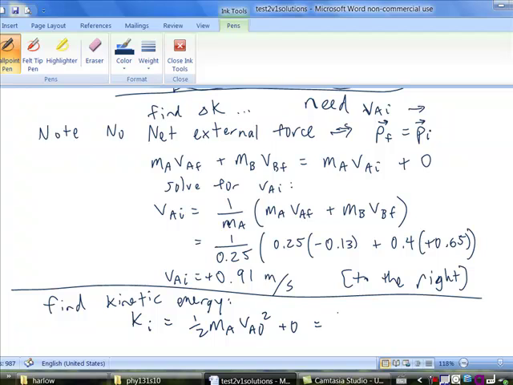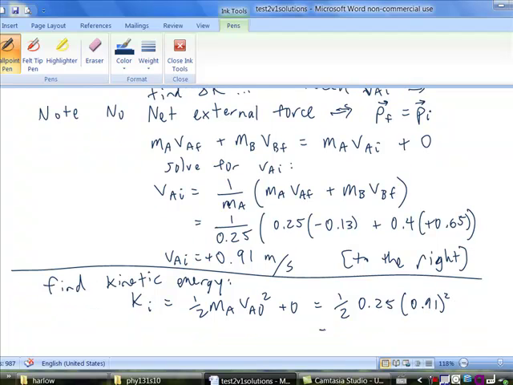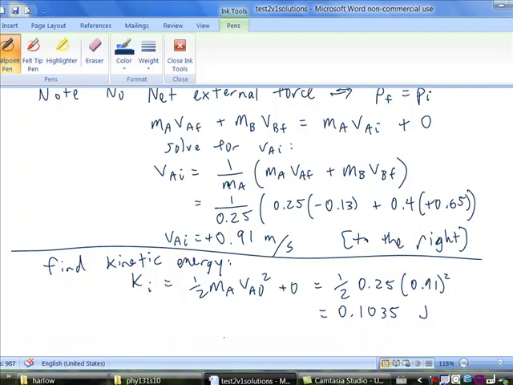So this just equals, let's figure it out numerically again so we can compare, 0.25 times that initial we just solved for, 0.91 squared. Plugging that into my calculator, I got 0.1035, etc. joules.